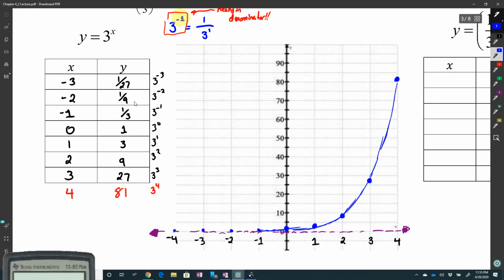And there we go. Again, for the really small numbers, don't bother trying to separate it from the axis. It's so close you can't tell. All right. So here is 3 to the x.